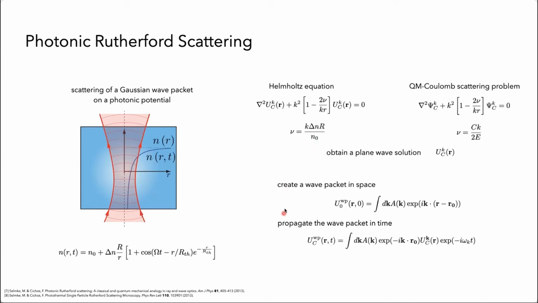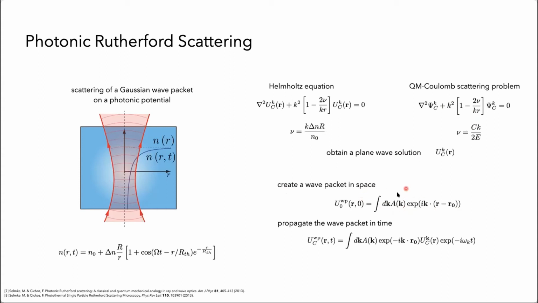And you can take advantage of all of the solutions people have obtained over the years for the Coulomb scattering in quantum mechanics to obtain a plane wave solution. What you do then is take many of these plane wave solutions and put them into a wave packet in space. You can take plane waves and amplitudes of different k vectors to create a wave packet in space, which is your Gaussian beam essentially, right?